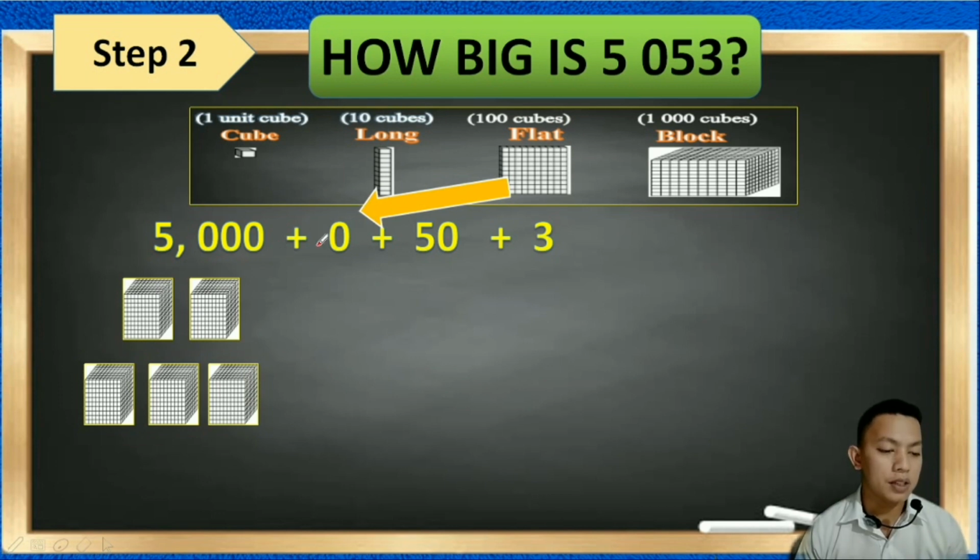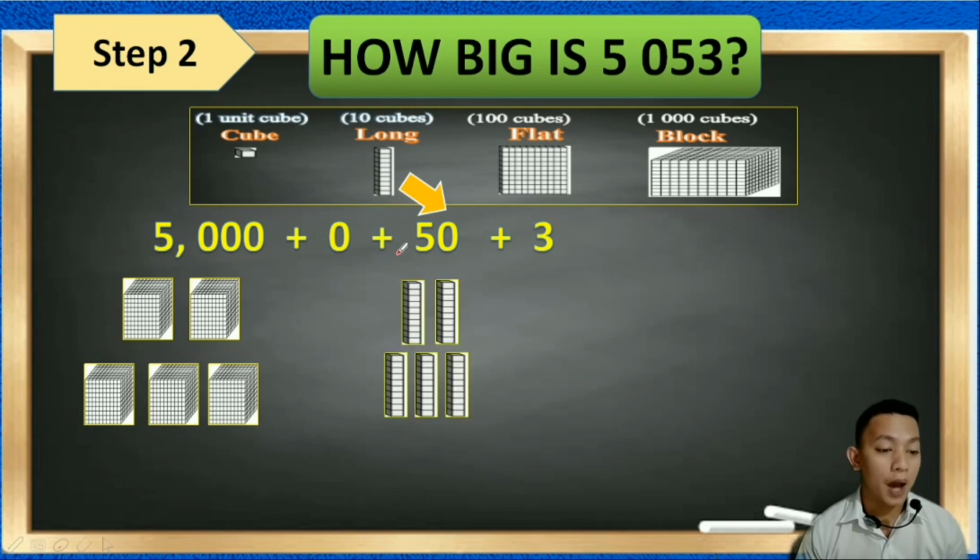How many flats are there in 0? So we have none. We have no flats in this example. Next, 50. How many longs are there in 50?